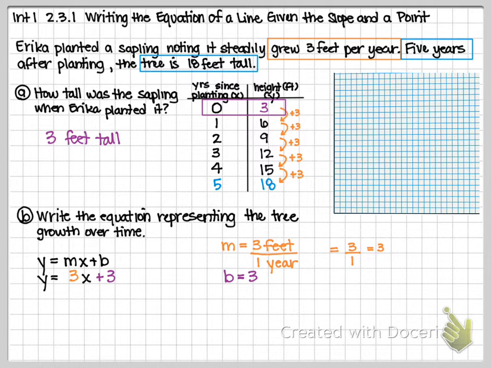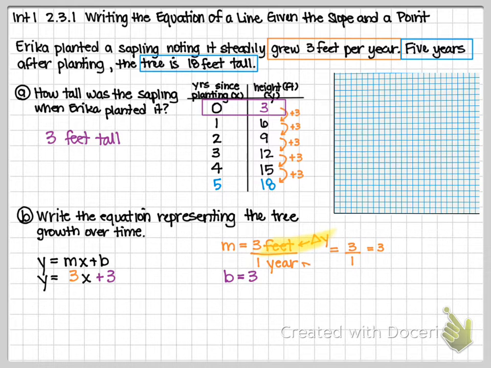So I'm going to take a look at my slope. I told you I wrote these a couple of different ways because they each served a different purpose. Remember that the top of slope represents the change in y, which means I think that my y-axis is going to be in feet.